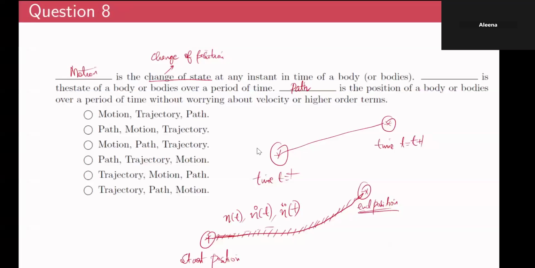So we know all the information for all of these intermediate points. Collectively, we call it a trajectory. The specification of position, velocity, and acceleration along a path is called trajectory.